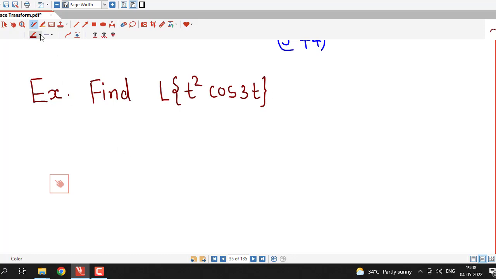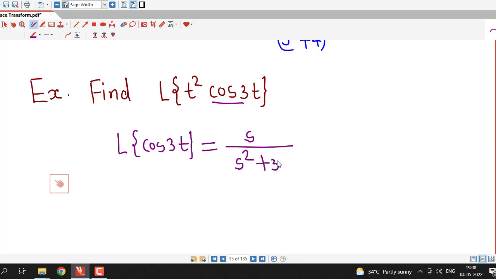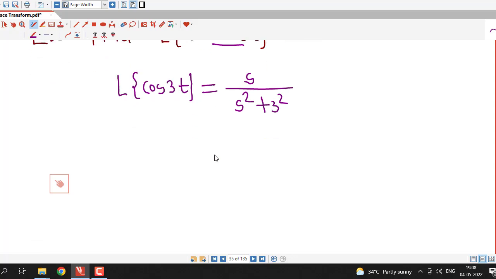So we can construct another function and we can find out its Laplace transform using this formula. Suppose instead of single power, suppose I am having t square, and instead of sine function, suppose I have cos 3t. Then first I have to find out Laplace transform of cos 3t. We have ready-made formula for the Laplace transform of cos function, which is s divided by s square plus a square, a equal to 3 here.